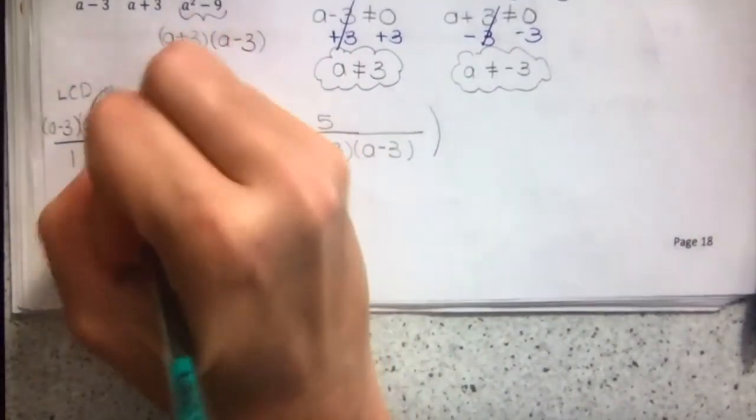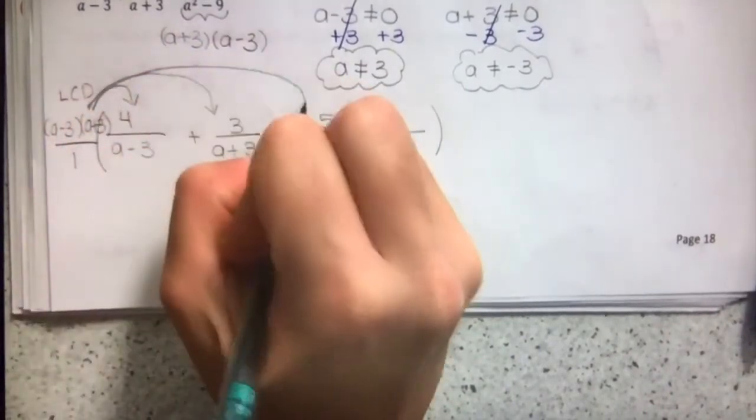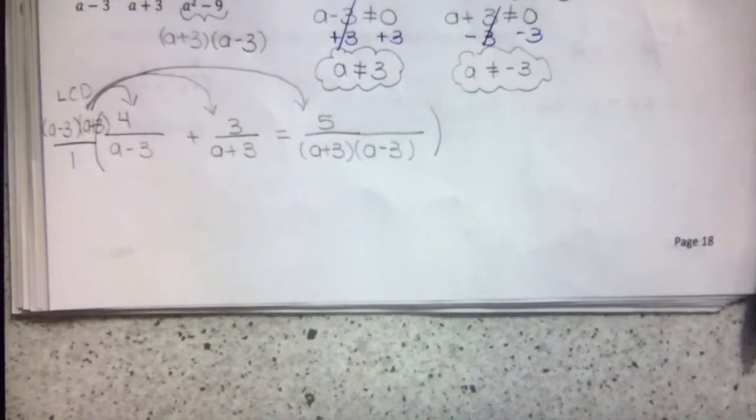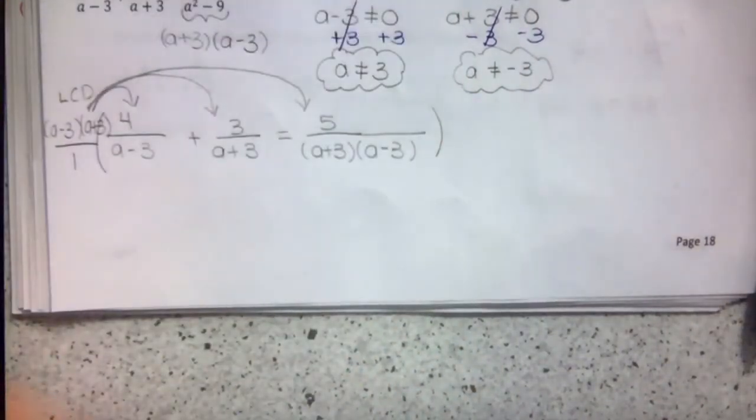We are going to multiply that to every single term on both sides of the equation. Remember, it's over 1, so basically that a minus 3, a plus 3 is just going to the top of each fraction, and the bottom of our fraction stays the same.